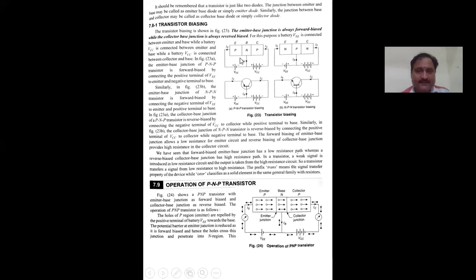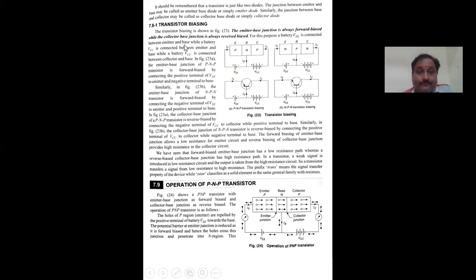Okay, this type of connection is forward bias connection. That's why the emitter base junction is always forward bias connection. It is the same for PNP as well as NPN. You observe the diagrams: positive to P type, negative to N type. In NPN, negative to N type, positive to P type. The same polarity is applied to those semiconductors.